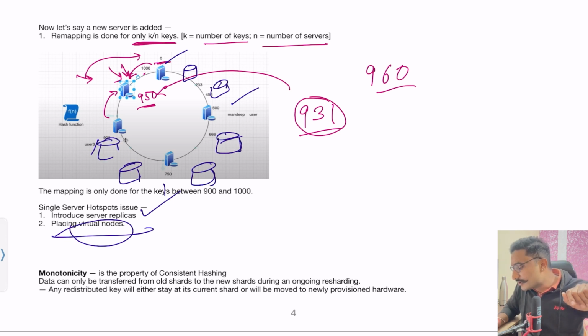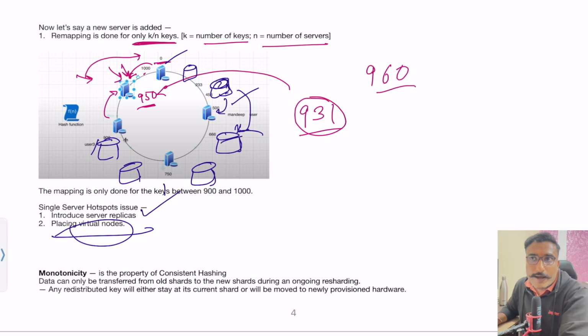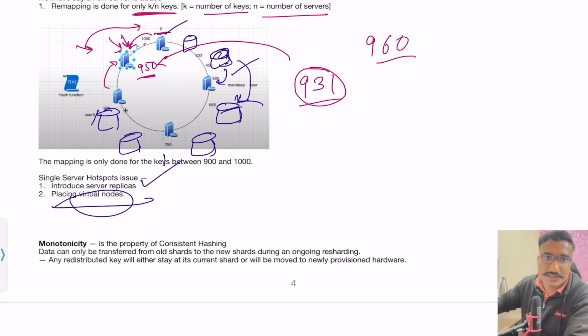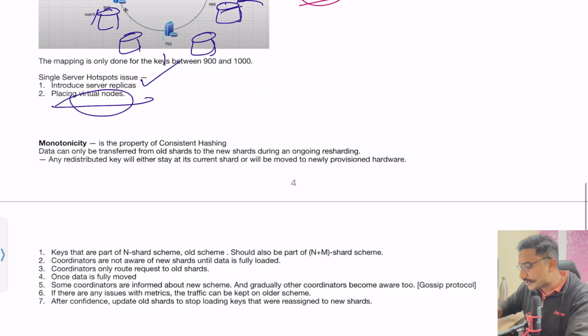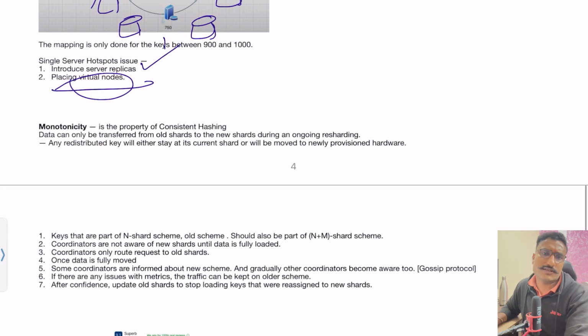These virtual nodes are mapped to the physical nodes depending on the load on that particular physical node. This is how you can redistribute the keys between the physical nodes. So these are 2 ways in which you can avoid overload or the hot partition issue on a particular physical node.